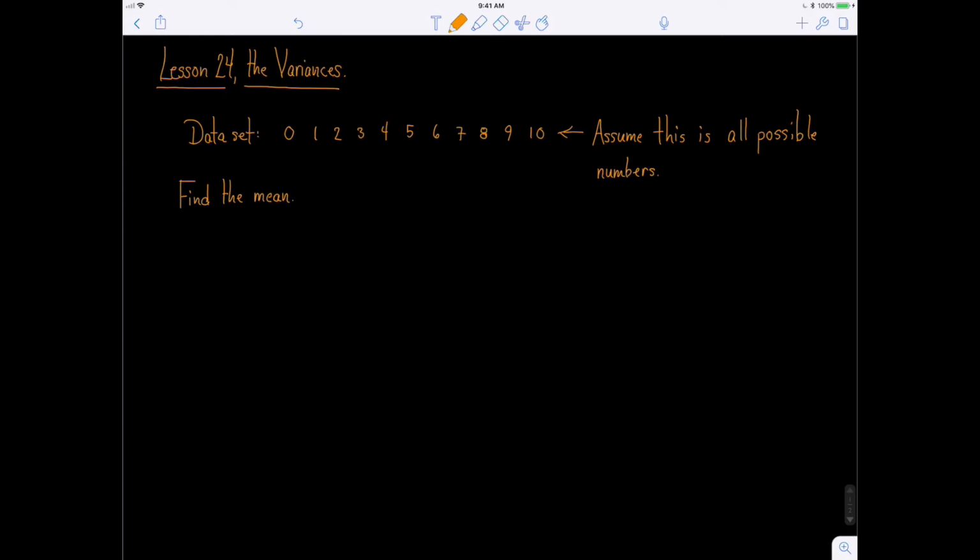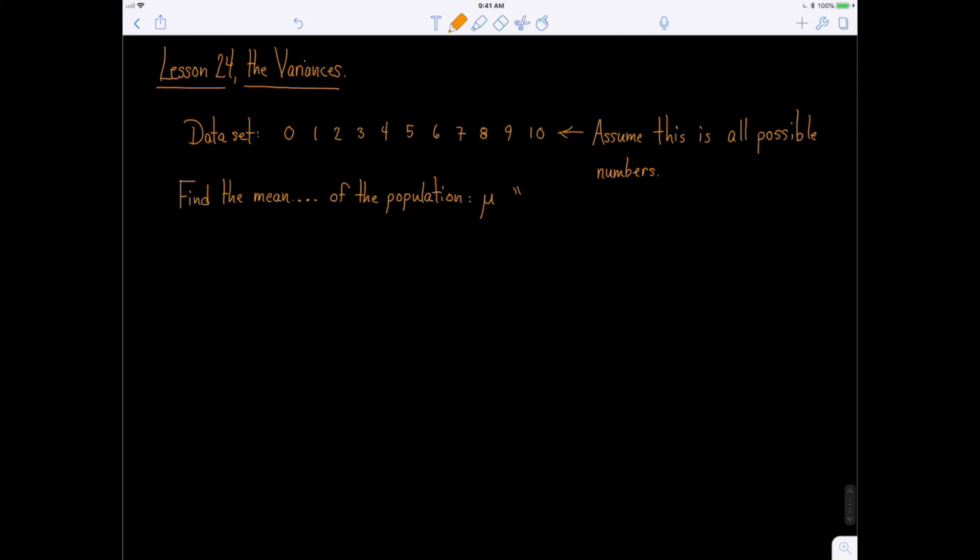So let's find the mean. Before we do that, there's two different things. When we say find the mean, there's two different ones. If I ask for the mean of the population, then I'm going to be finding what we call mu.